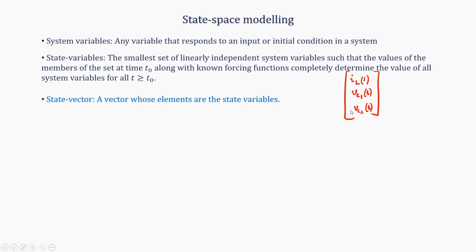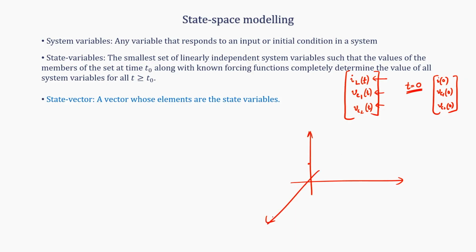Okay. Look at this state vector. In this state vector each element is dependent on time. Okay. So, if I ask you what is the value of this vector at t equal to 0, the value is I0, VC1 0, VC2 0, right. In the same way, I can ask you at t equal to 1, where is the vector? It will be I1, VC1 1 and VC2 1. So, if you think about it, you can plot this entire thing in a 3D space, right.